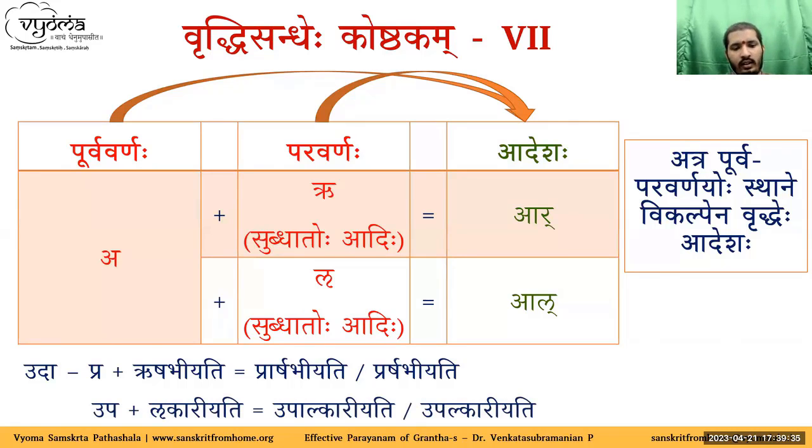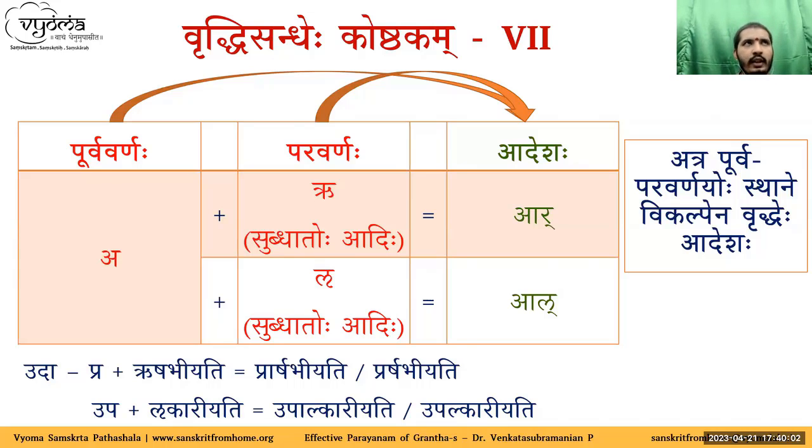Similarly, another example. On the left hand side, if we have upa, that is in the end we have akara, and on the right hand side we have lukara, which is the starting letter of a subdhatu. Lukariyati is a verb, so that has a dhatu, and that subdhatu has the first letter as lu.